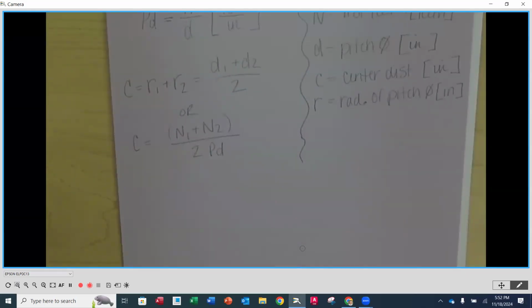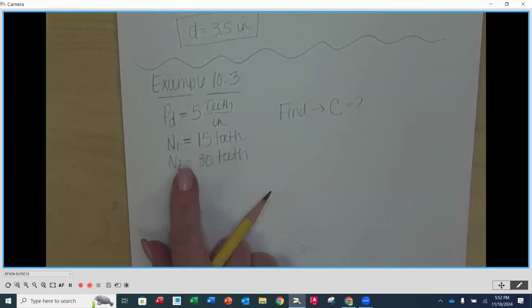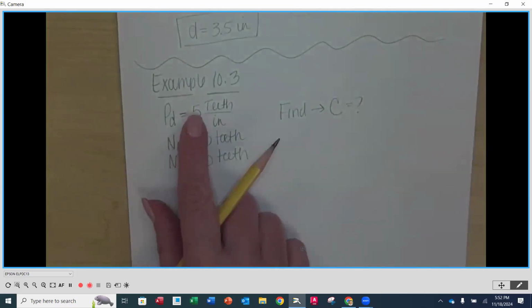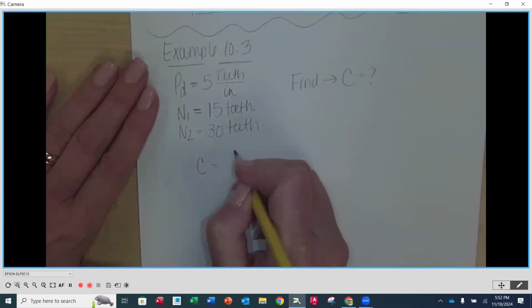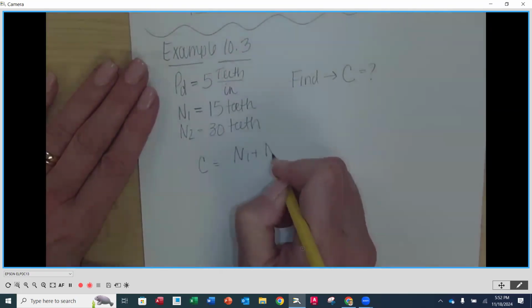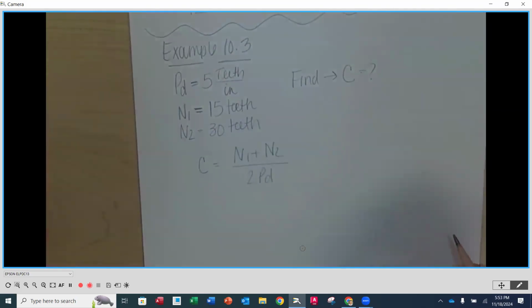The bottom one here: the number of teeth in 1 plus 2 divided by 2 times the diametral pitch. Yes, because we are given number of teeth and the diametral pitch. So it makes sense to use that one. So we're going to use the equation C is equal to N1 plus N2 divided by 2 diametral pitch.